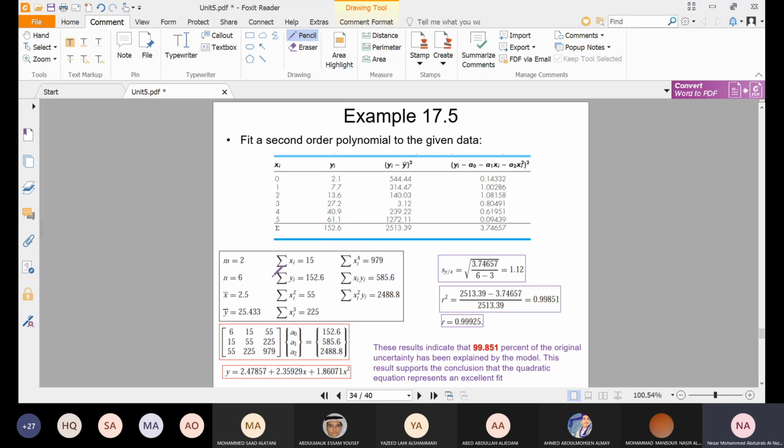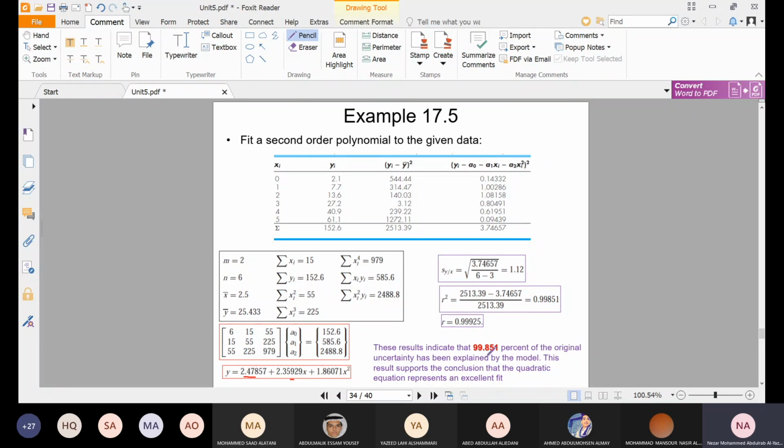After we find the coefficients that we need to fill the matrix, we will have this 3 by 3 matrix. By using any method, you will find these coefficients a0, a1, and a2. Usually we use Gaussian elimination, Gaussian naive elimination, or any method you used before. If we get these equations, and after that we estimate the coefficient of determination, r square, we find r square is equal to 0.99851.